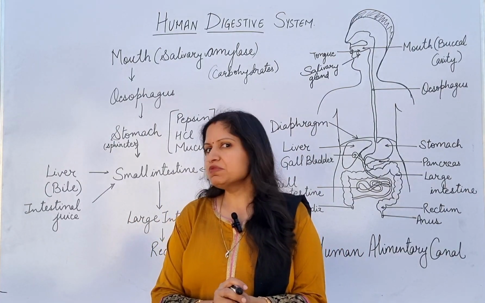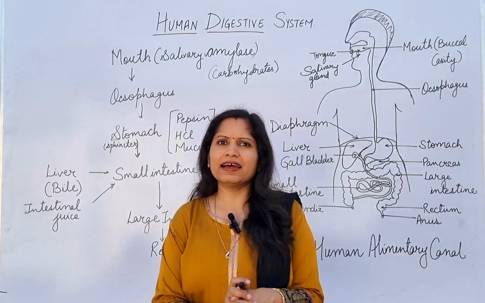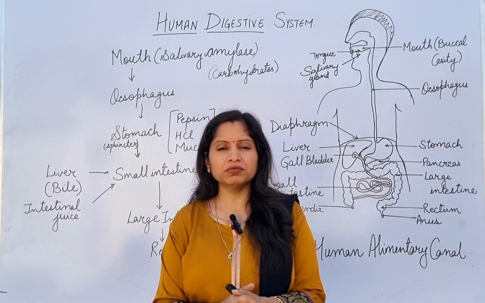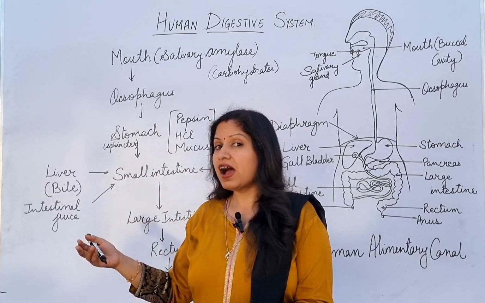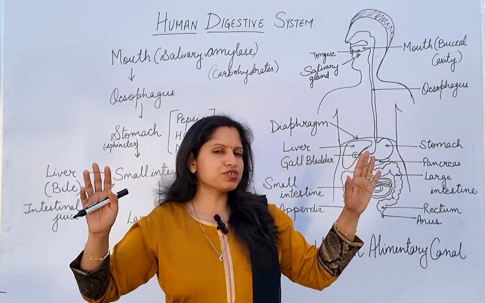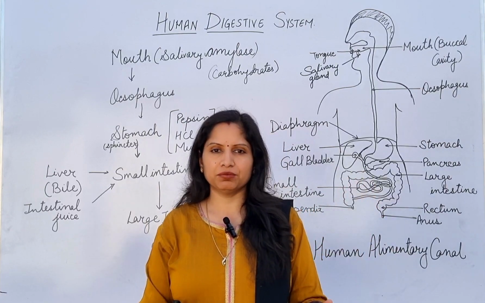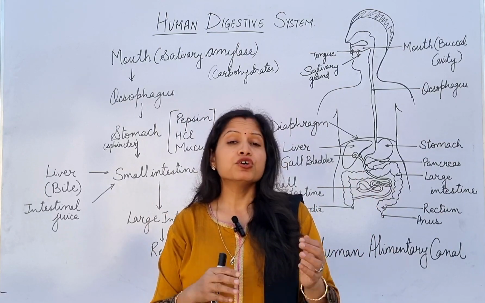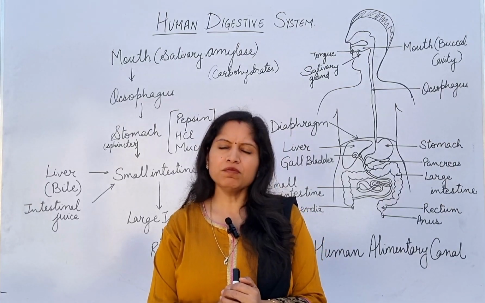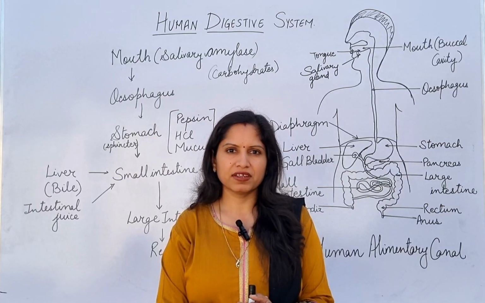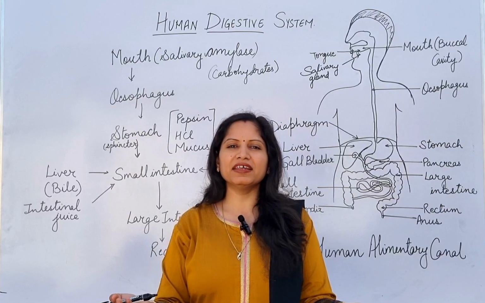But the enzymes present in the pancreatic juice can act only in alkaline medium. Now this is a problem because the food that is coming from the stomach is highly acidic, and the pancreatic enzymes say that they are going to act only in alkaline medium. Alkaline means basic conditions. Then the bile juice says, I am there to help you out, don't worry.